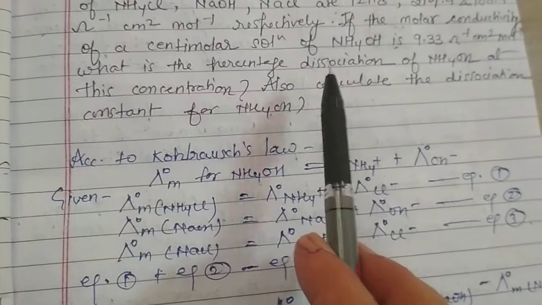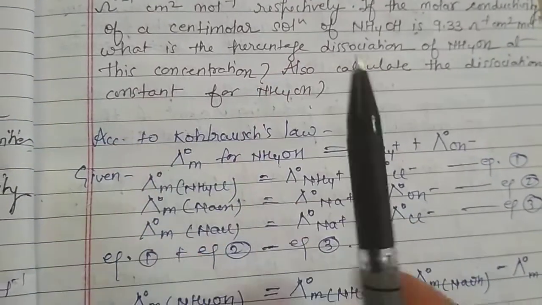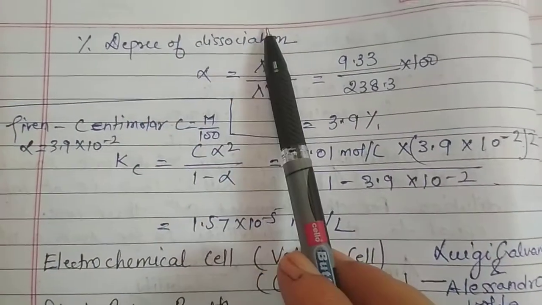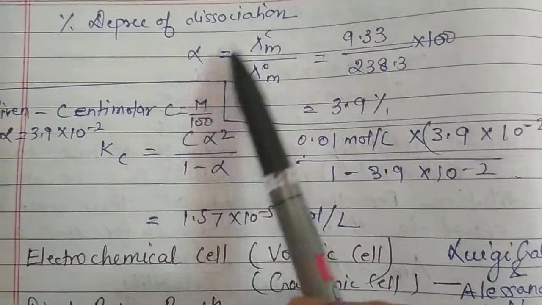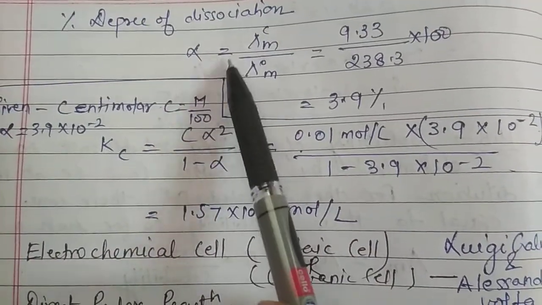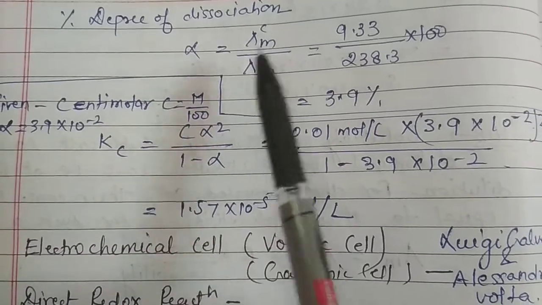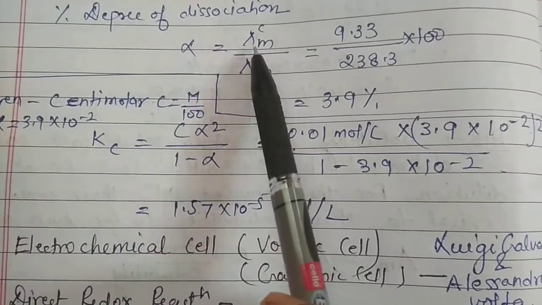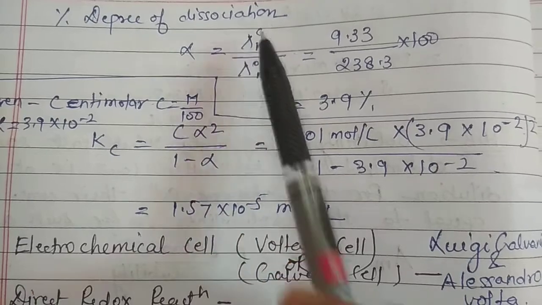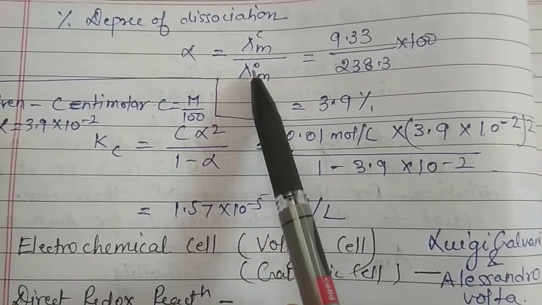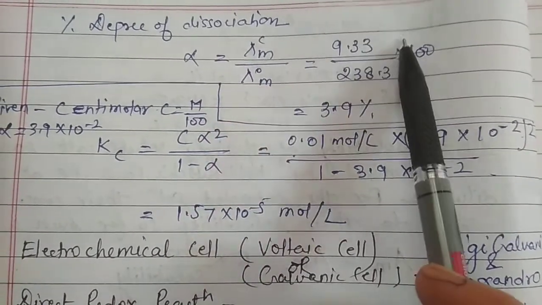Now what we have to calculate? We have to calculate the value of alpha and its dissociation constant. So how to calculate the percentage degree of dissociation? Yesterday we discussed that alpha can be calculated by lambda mc and lambda naught m, means molar conductivity at a particular concentration over molar conductivity at infinite dilution, into 100.